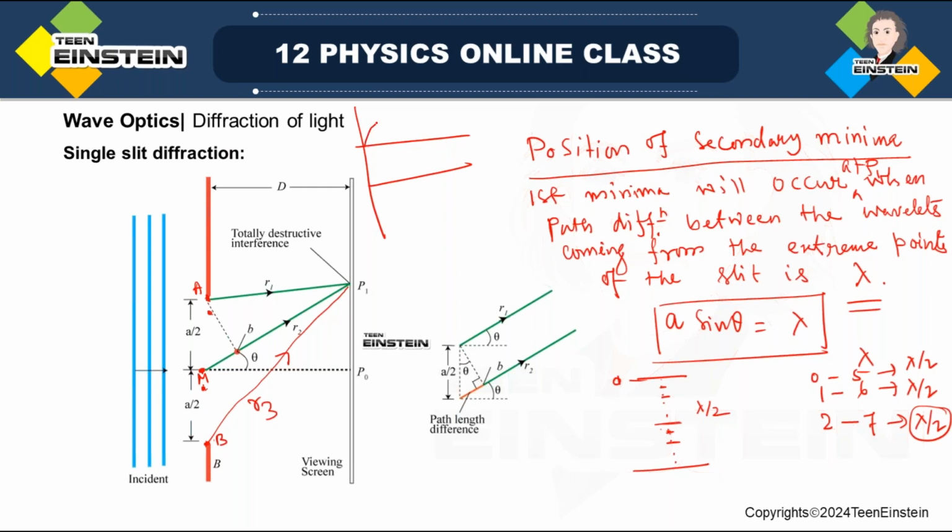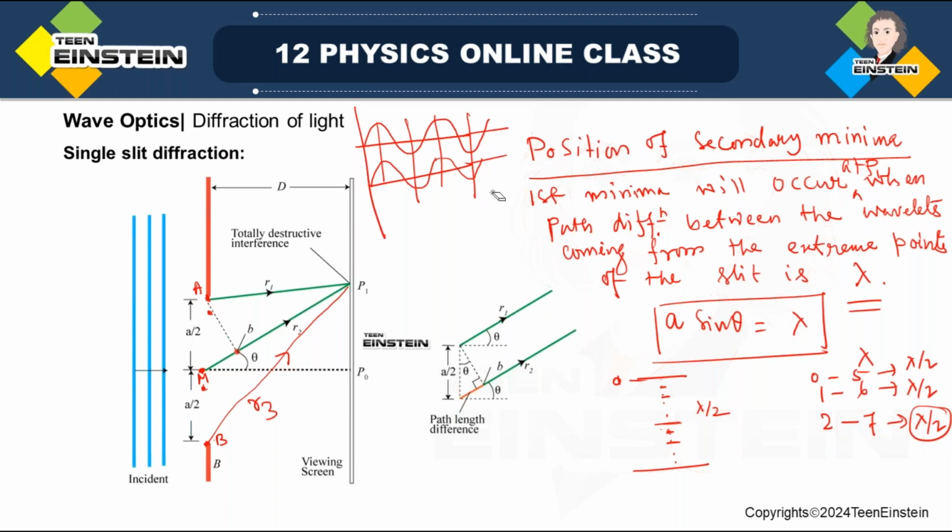If I have a wave like this, and the other wave also has the same, that means the crests and troughs are occurring at the same points, then they are interfering in phase, or they are in phase.